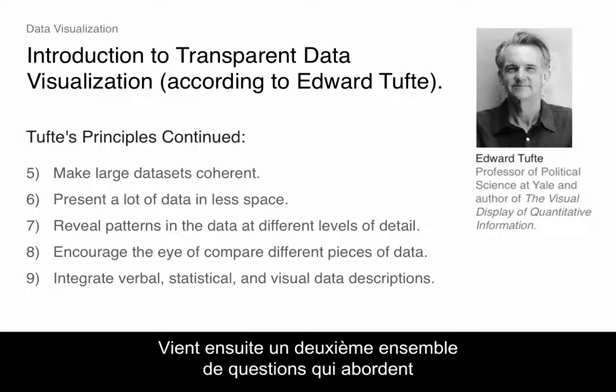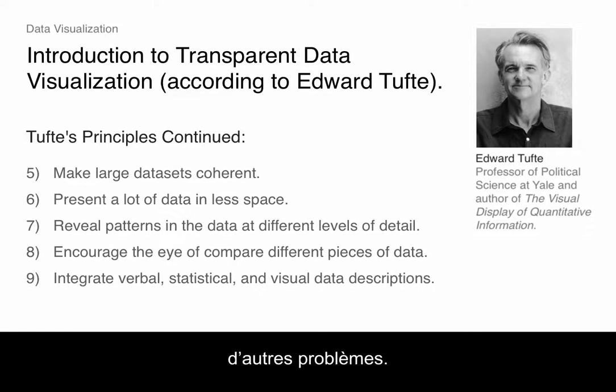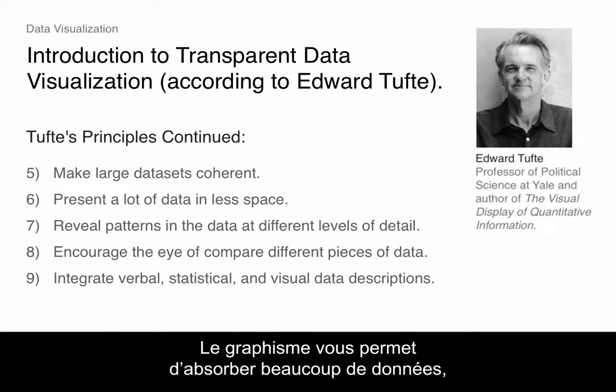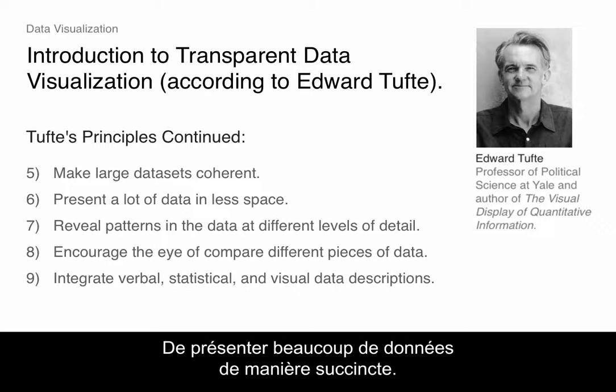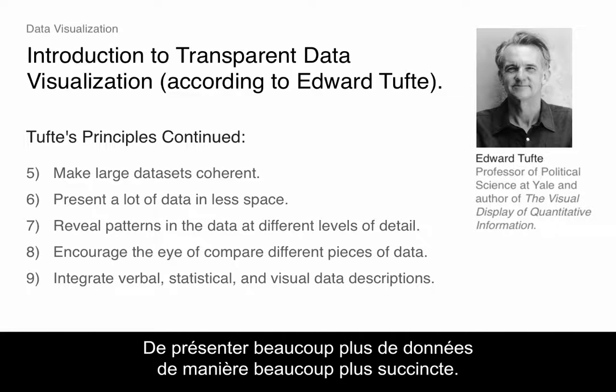Then there's a second set of issues that speak to other things. One value of graphics, and we'll show examples of this in a second, is they allow you to absorb lots of data. They make large data sets coherent. You can present a lot in a small space. You can present a lot more data in less space.